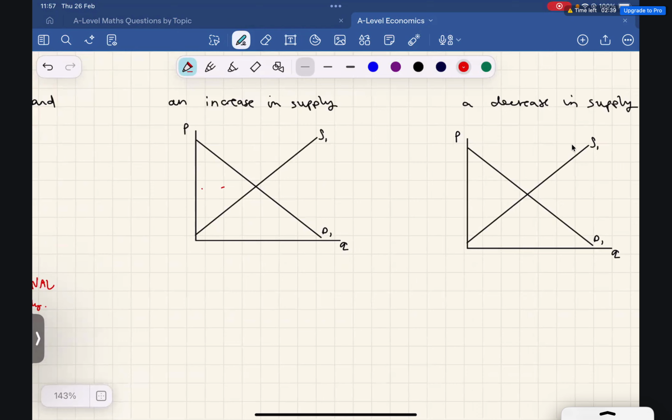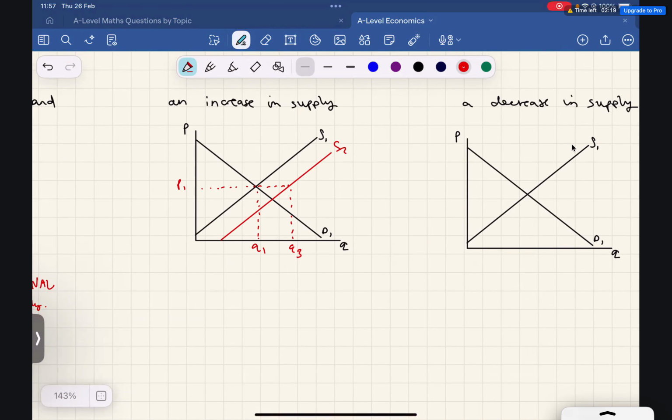Next example, if there's an increase in supply. So what would you draw? The supply shifting to the right. And then what would there be at first? At the same price, there'll be an excess supply. And we'll call that Q3.